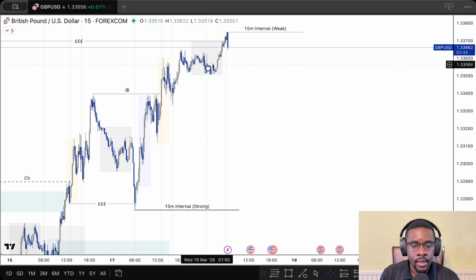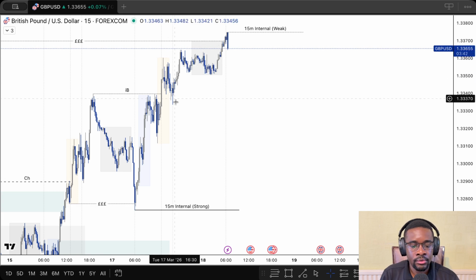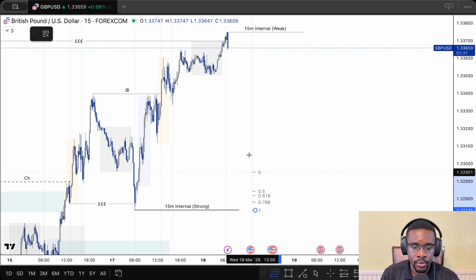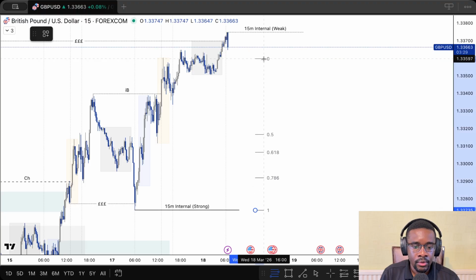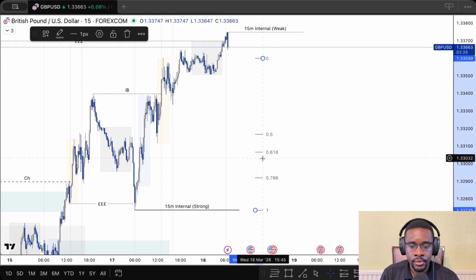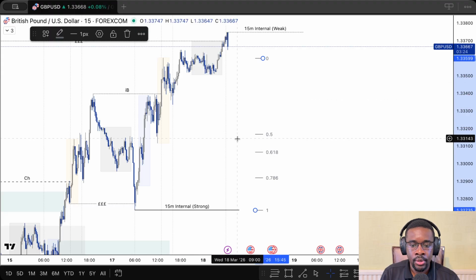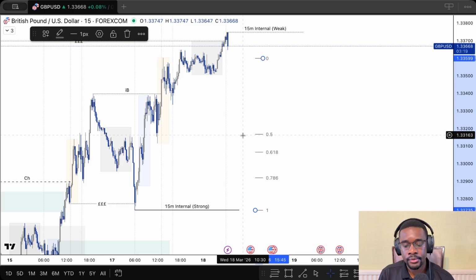We've had some kind of pullbacks, okay, not significant ones. So after the breakout structure, let's see. This is where price has gone. So we haven't come back to discount, okay.